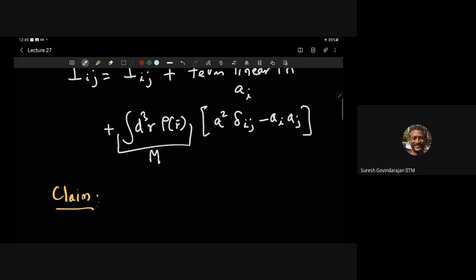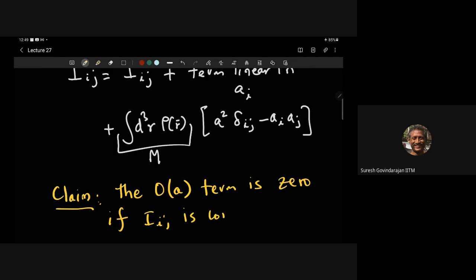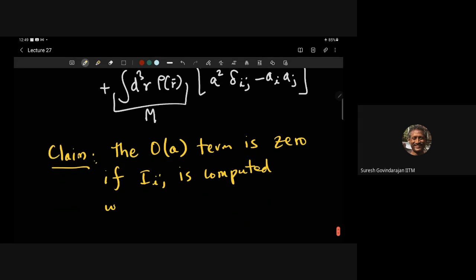The claim is the following. The order A term is 0 if I_ij is computed with respect to the center of mass of the solid. If it is some other point, you can't.